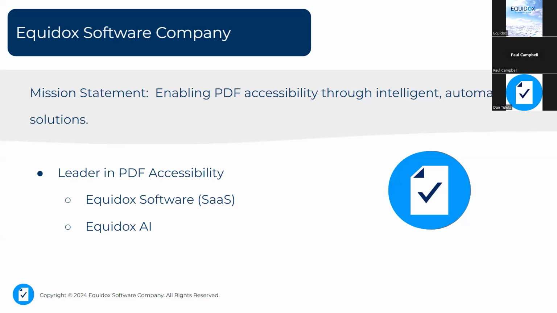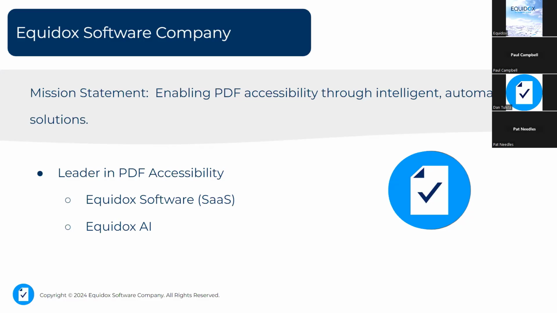So companies, unfortunately, were forced to settle for a solution that is time-consuming, expensive, and doesn't truly mitigate the risk of a lawsuit, from what we found. So enter Equidox AI, and why we figured we wanted to solve this problem in the market.